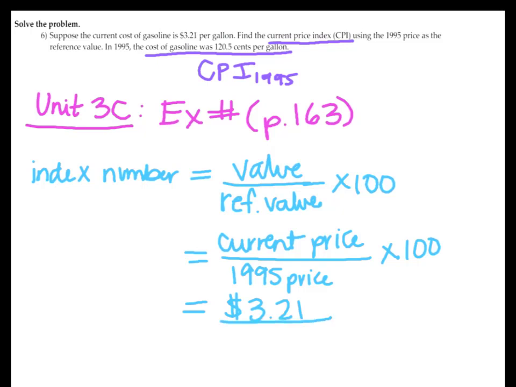Divided by the 1995 price of 120.5 cents per gallon. But since 120.5 cents is in cents, and I want to change it to the unit of dollars, we know that there are 100 cents in $1, right?